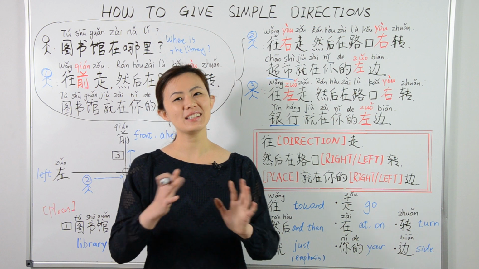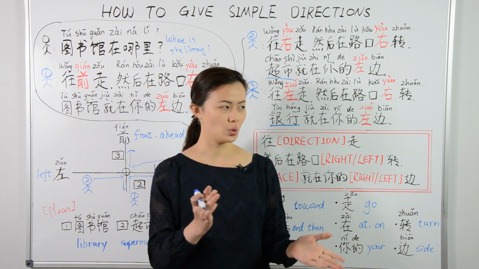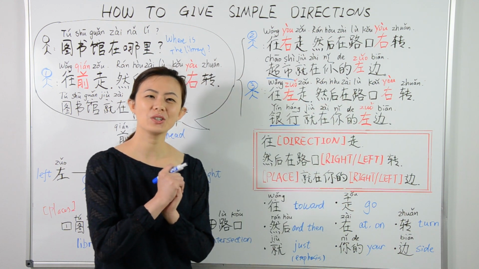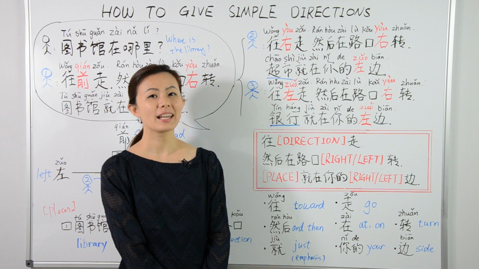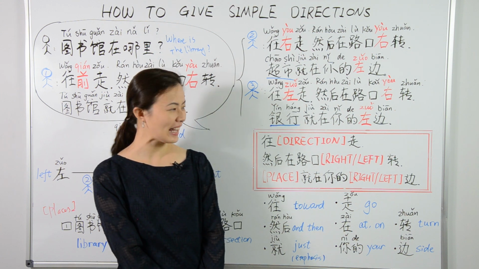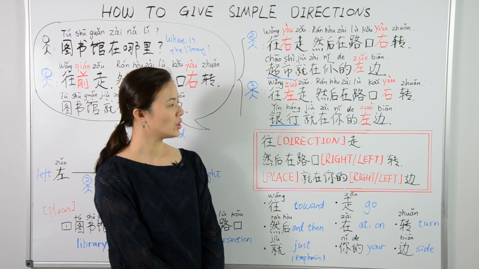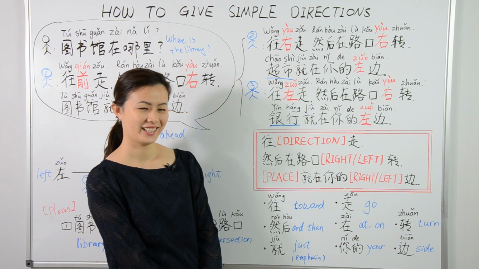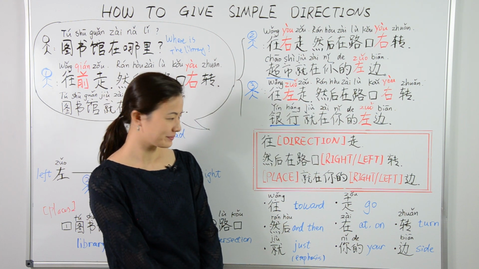All right, now let's try to use this pattern on given directions to another place. Let's say you're given directions to a coffee shop. 咖啡店. How do you get to the coffee shop? First, you go left. And then at the intersection, you will turn right.